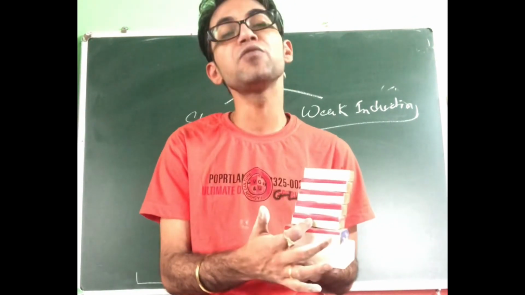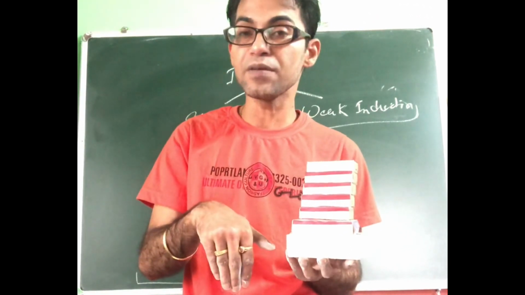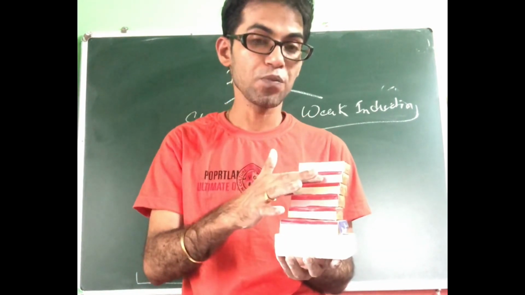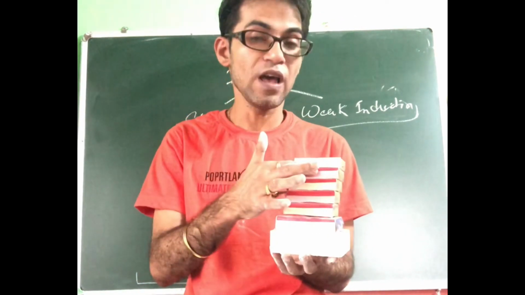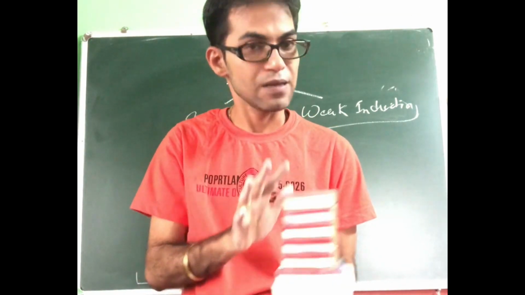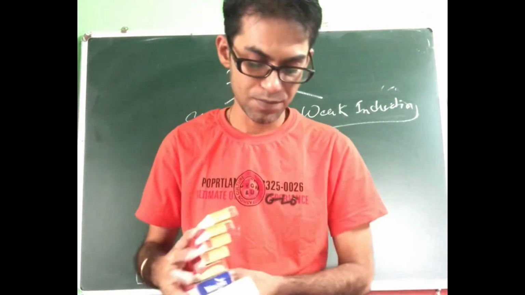So all the in-between steps also exist, and the step on which I am now stepping is true, because all these were true, and now I need to prove that the next step also exists. So that is the basic difference between strong induction and weak induction.